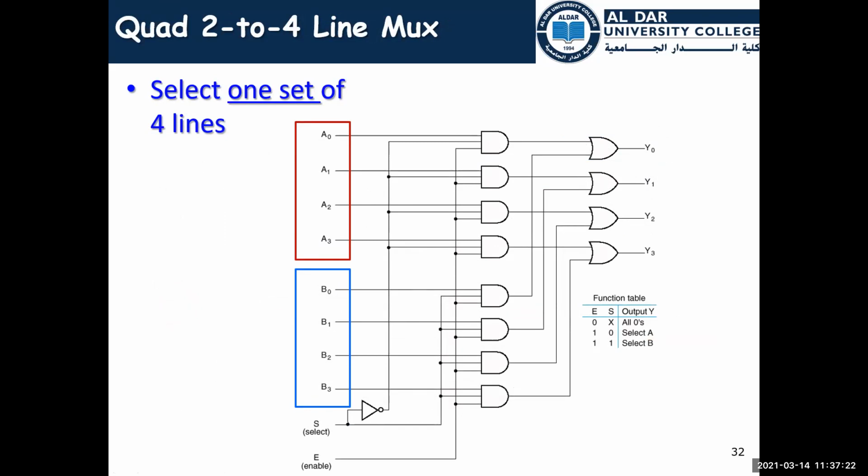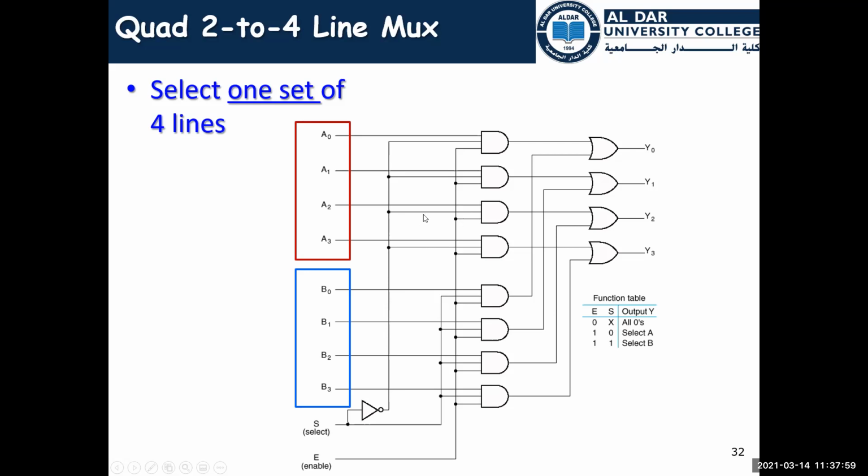And the selection line here is used to enable that part or that part. The selection line is passed to this part without inversion and passed to that part with inversion.